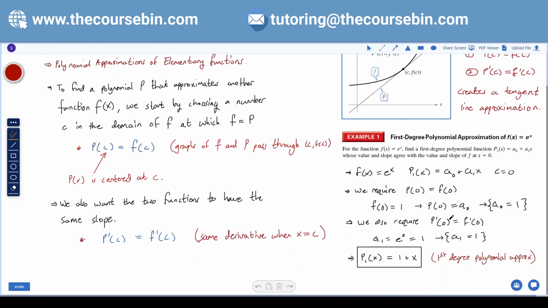In the two conditions, the polynomial and the function must equal each other. So as long as you meet those two conditions, you can create a first degree polynomial approximation.